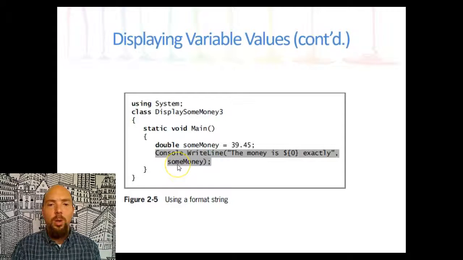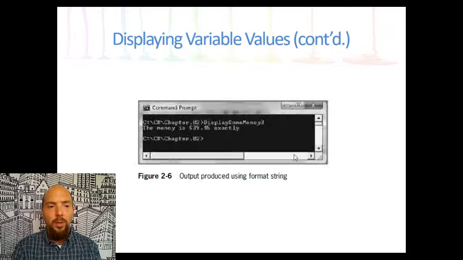The way this will work is it will take whatever value is here and substitute it where this placeholder is. So when you run this one, you get something like this that says "the money is $39.45 exactly." The $39.45 is where the placeholder was. It read the value in from some money, and then it put it into this location in place of the placeholder.